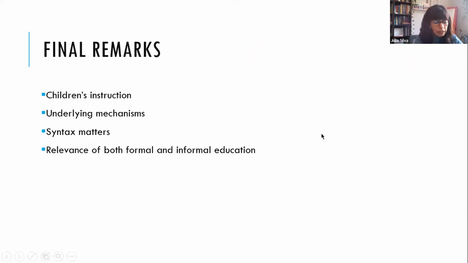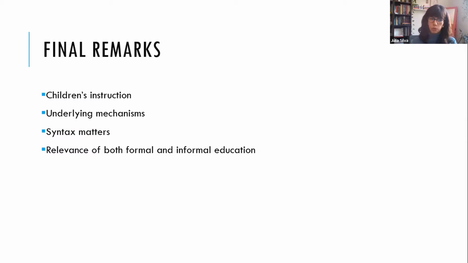And at last, to conclude, I think that a challenge we face, and that Dor mentioned at the end of his talk, is that we need to think of how to implement these findings to improve children's instruction, and especially by means of understanding how they learn it.